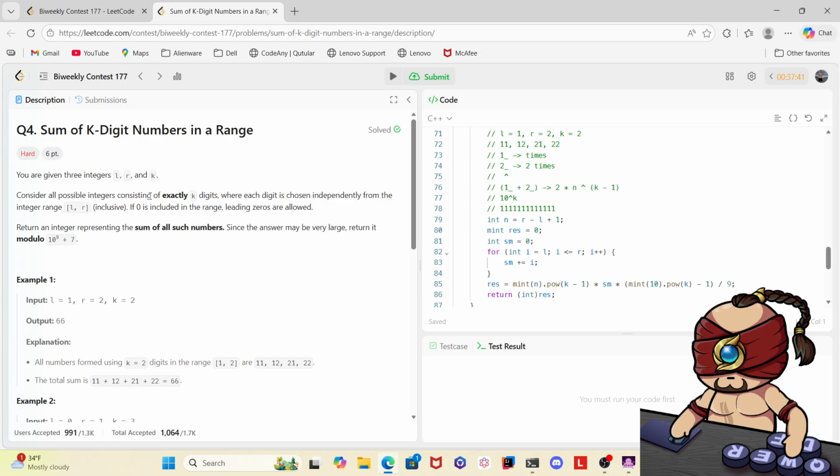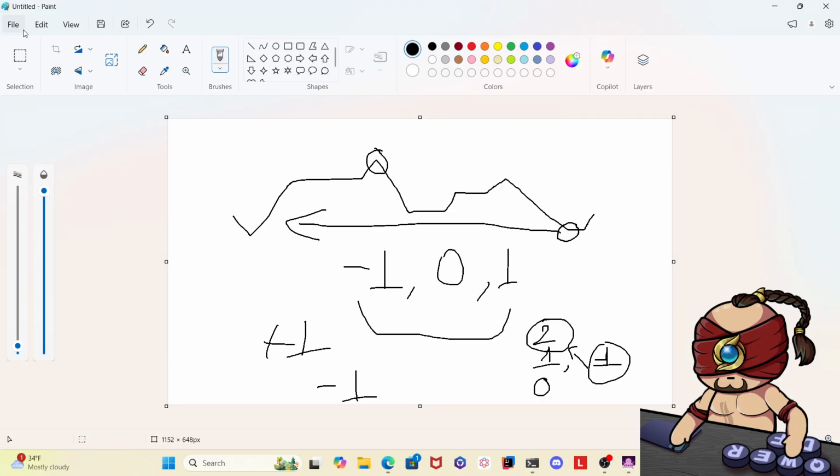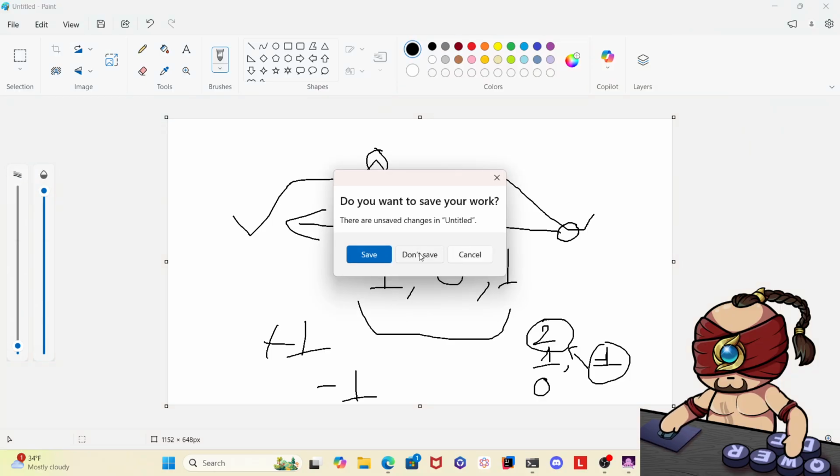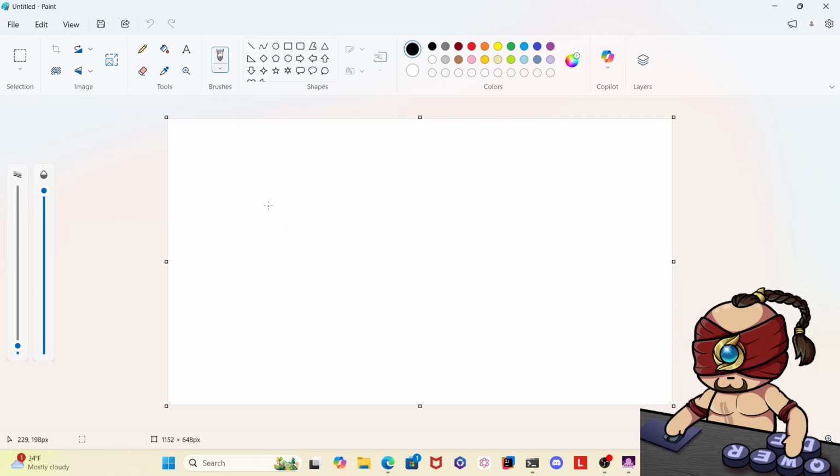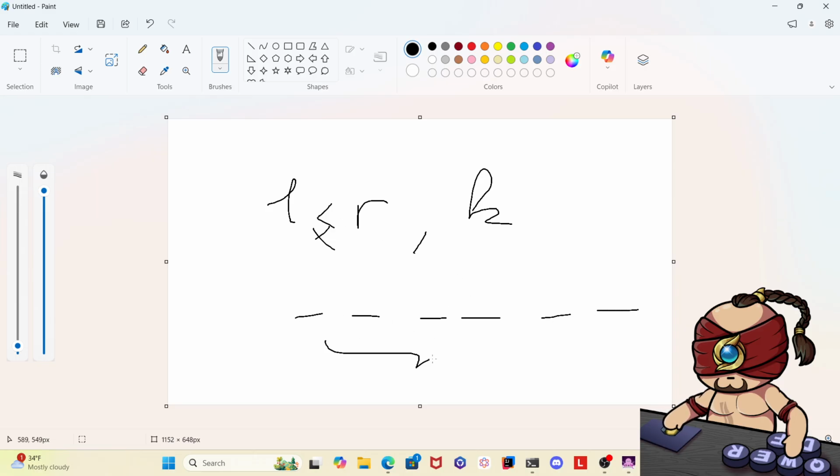Okay, for Q4. Q4 is interesting. You have an L, R, and a K, and you can use any digits that are greater than or equal to L and less than or equal to R, and you have to form K digits.